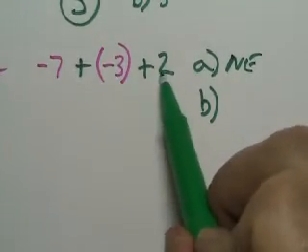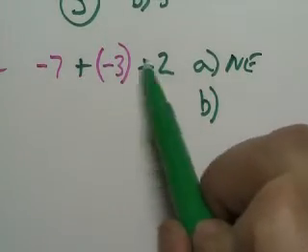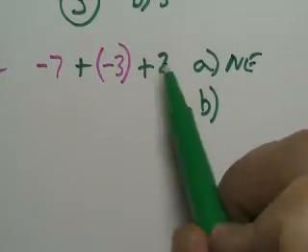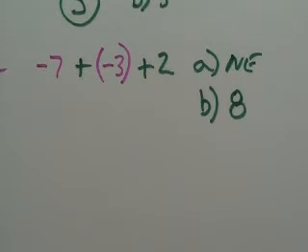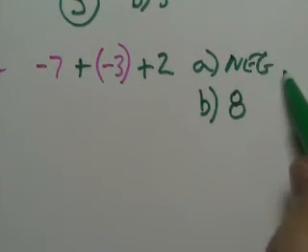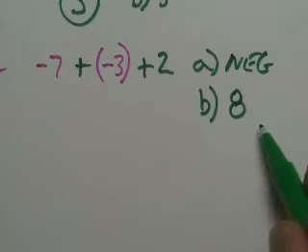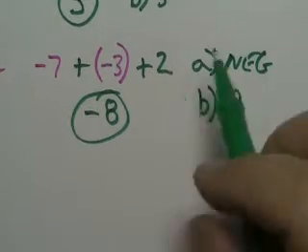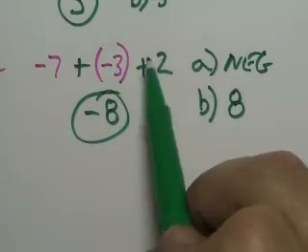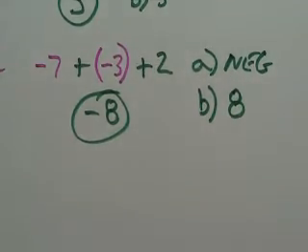How many more than the positive? There's 10 of these, and there's 2 of those. So 10 minus 2 is 8. So my answer is -8, because negative 10 and 2 makes negative 8.